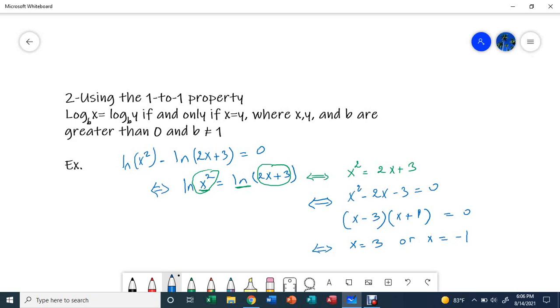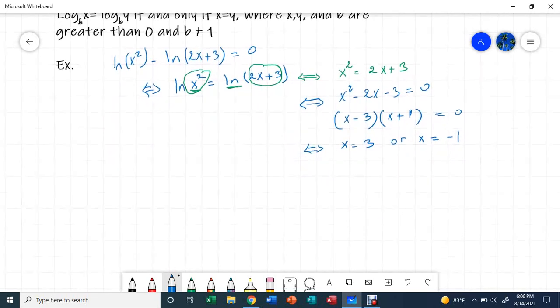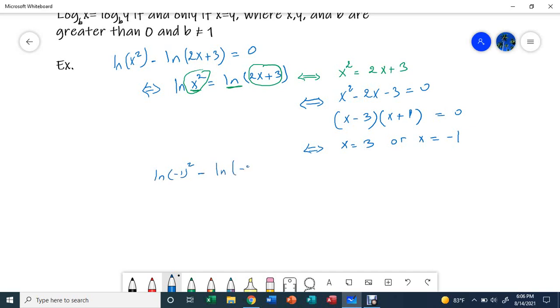So let's double check what happens if I plug negative 1 into my equation. ln of x squared, so negative 1 squared, minus ln of 2 times negative 1 plus 3.